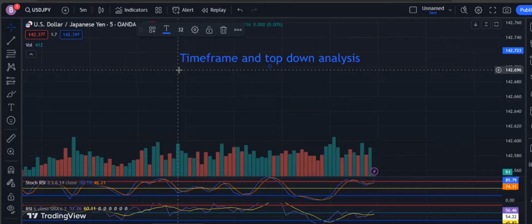So you have the daily time frame, the hourly time frame, and then you have the 45, 30, and 15-minute time frames, that is, if you want to be a 5-minute executor like me.